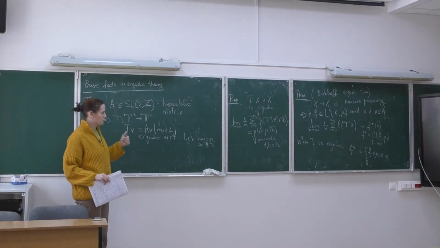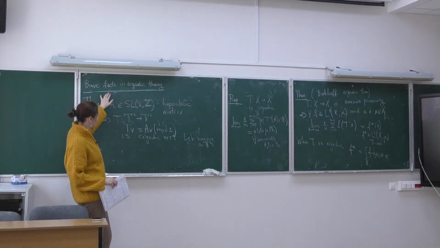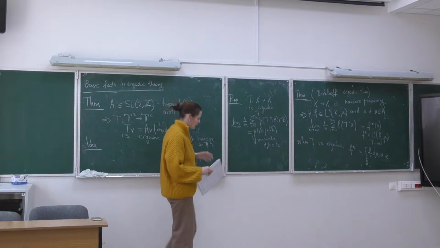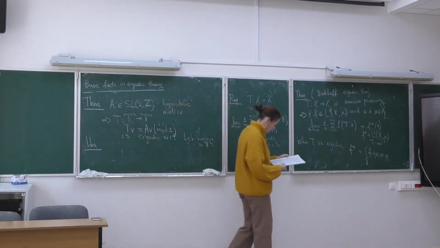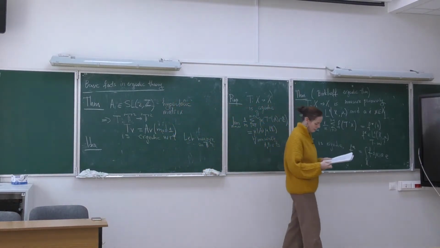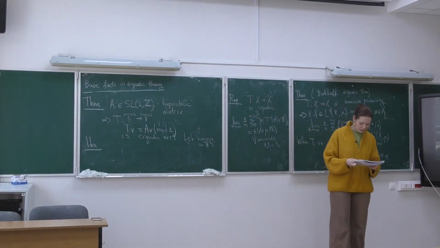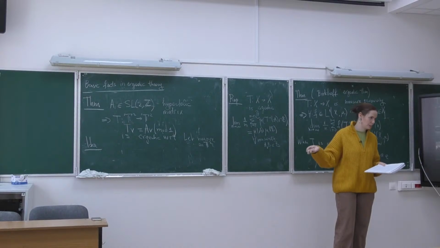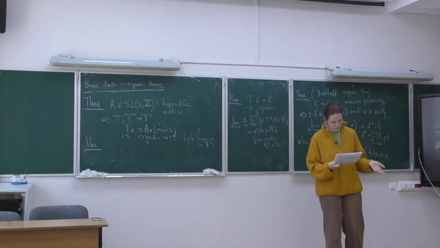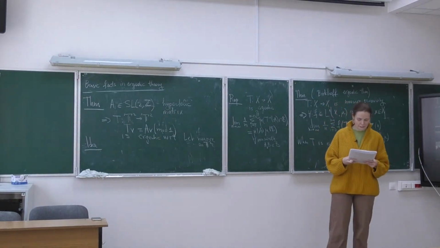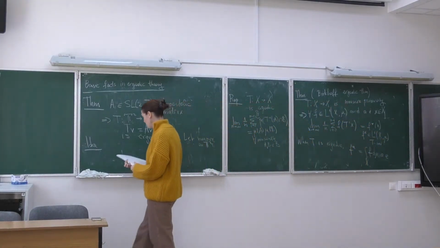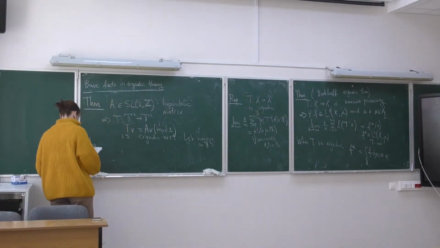As you remember from the basic facts in ergodic theory, in order to check that something is ergodic, we need to prove that all the invariant functions are constants, inside of some reasonable class, because we discussed that it's a possible definition. So we need to prove that invariant functions are constant.